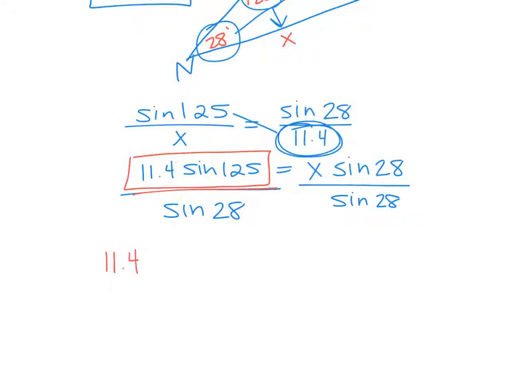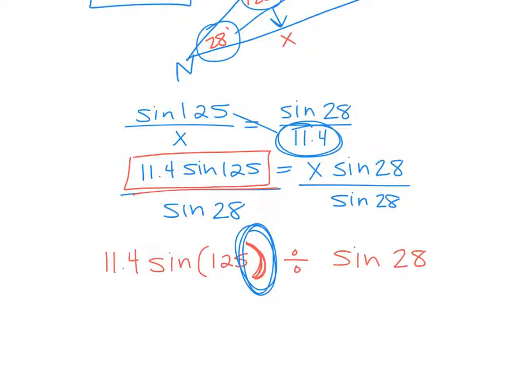If you're going to plug it all in as one thing, you need to plug in 11.4 sine, and then your calculator most likely starts a parenthesis there. You need to do 125, and you have to finish that parenthesis. If you don't finish that parenthesis, you will get the wrong answer, okay? Then you can hit divided by, and then sine 28. So if you're going to plug it in all as one thing, you must put that parenthesis in.